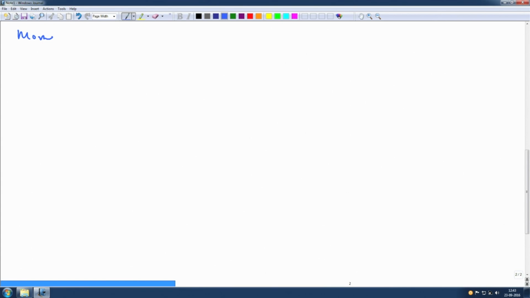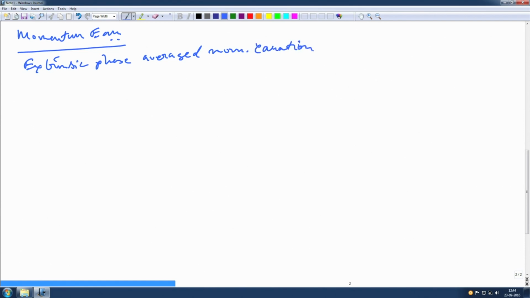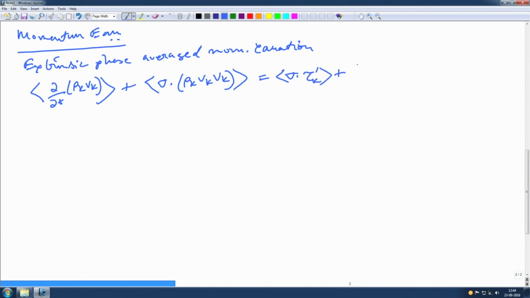Now moving on, let us go to the momentum equation. Now, the extrinsic phase averaged momentum equation, plus, okay.